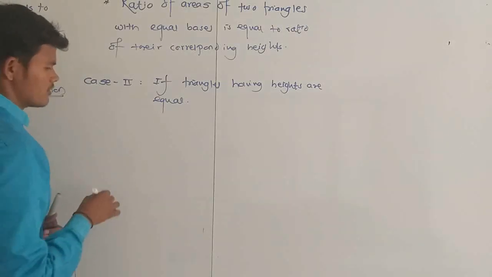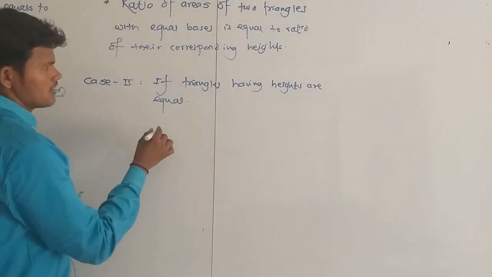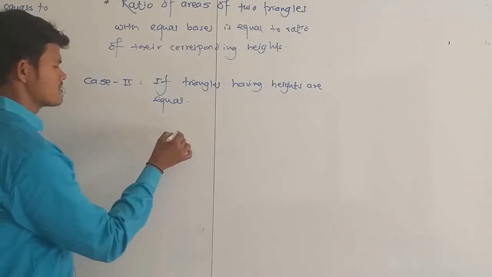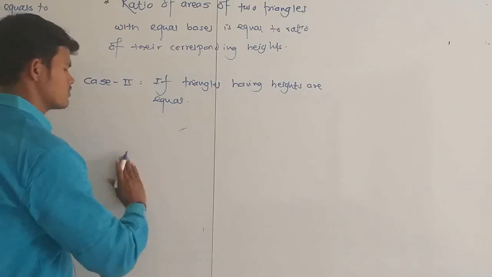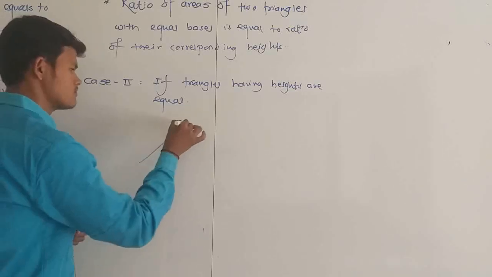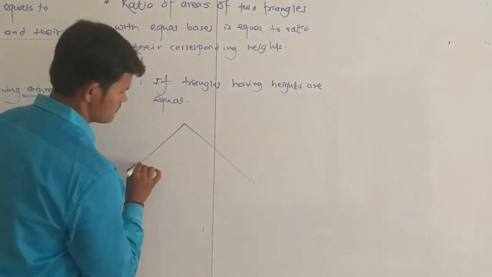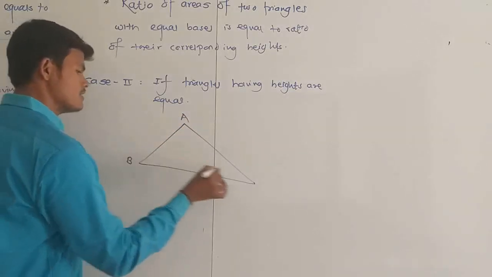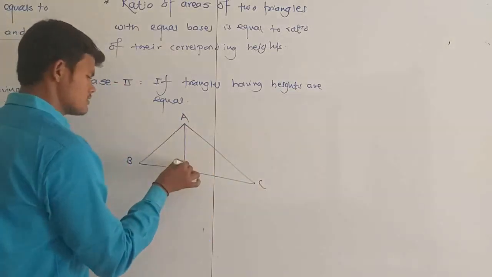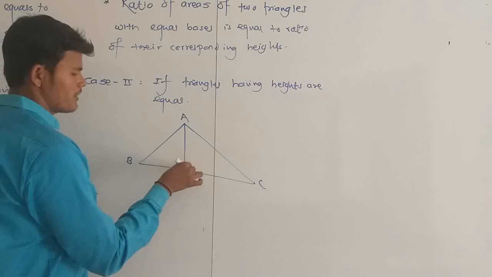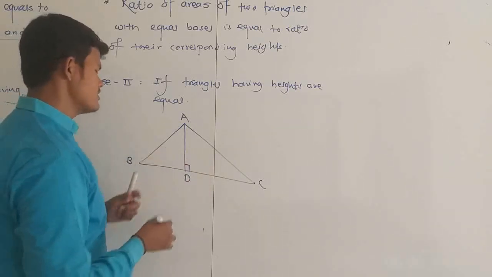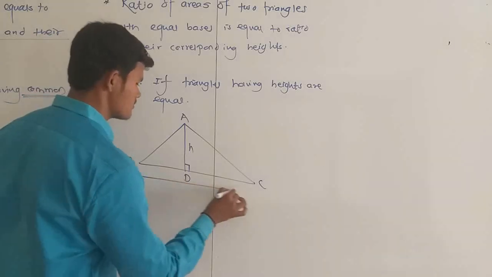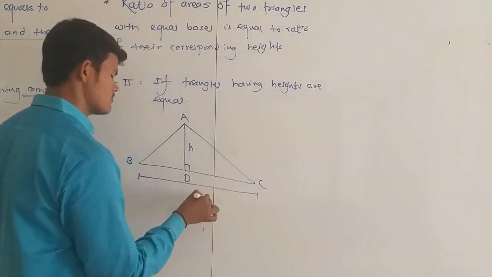For that, draw two figures with heights equal but different bases. So for triangle ABC, AD is perpendicular on segment BC. That means AD is the height and BC is the base.